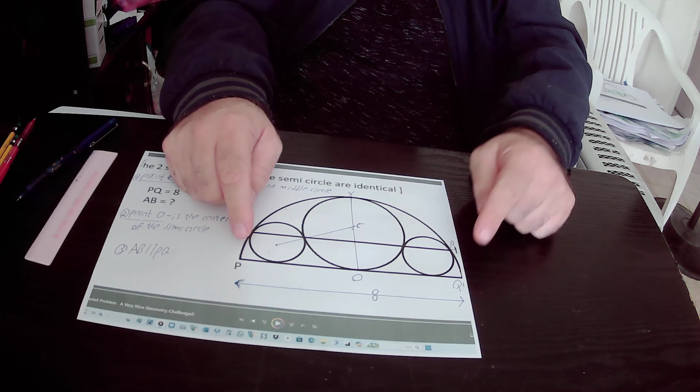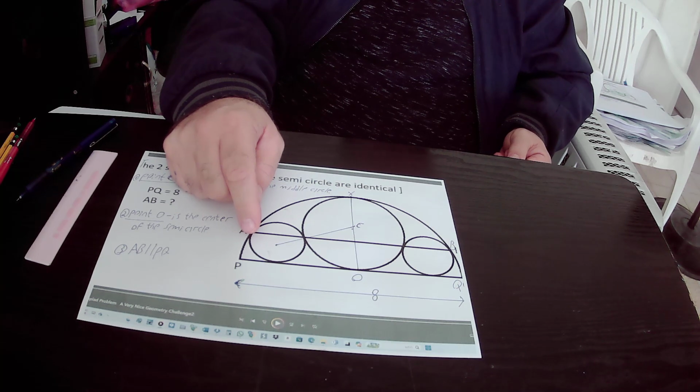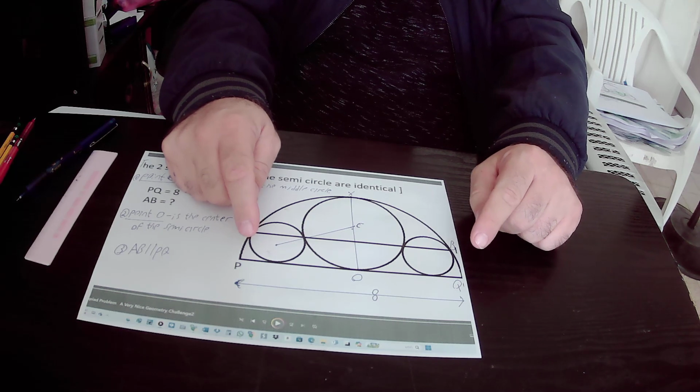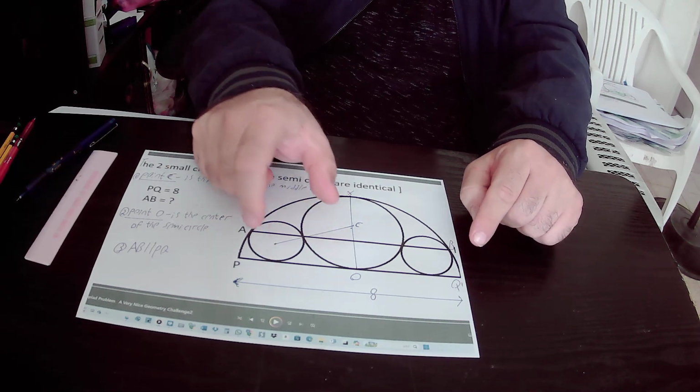equals 8 units, and the diameter is twice as large as the radius. So if the diameter equals 8 units, then the radius of the semicircle will be equal to 4 units.